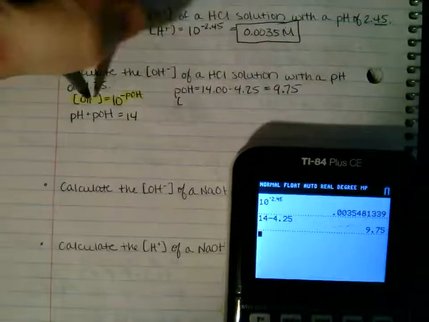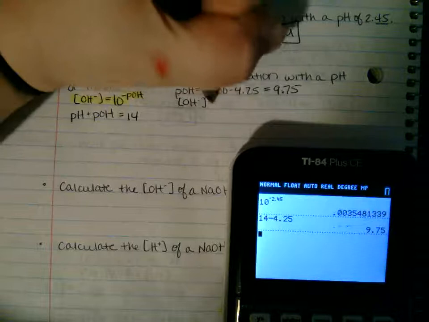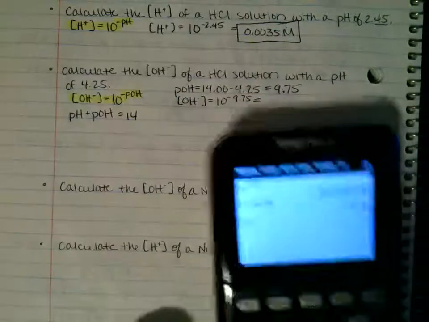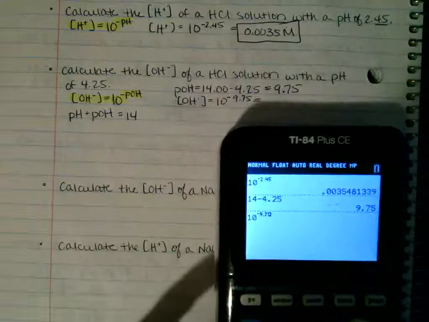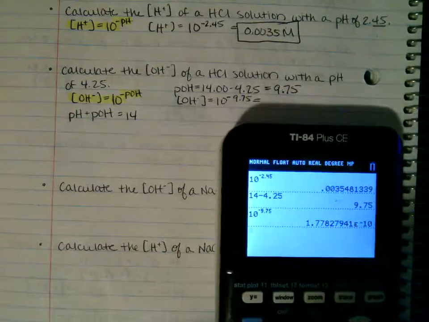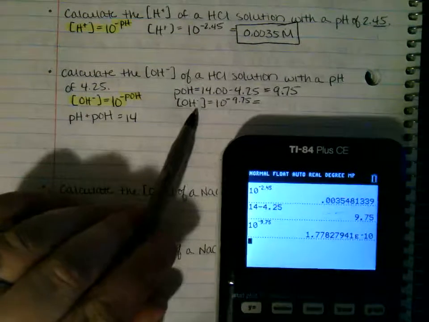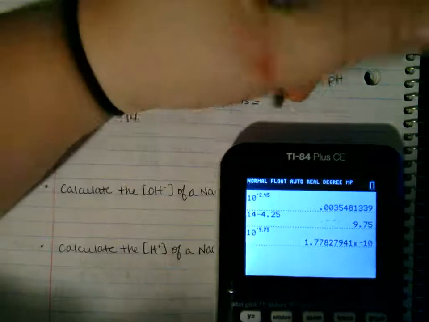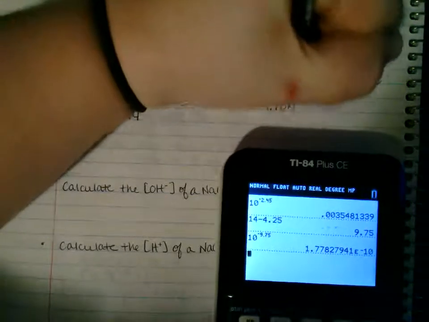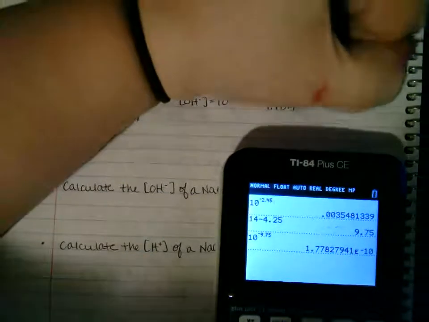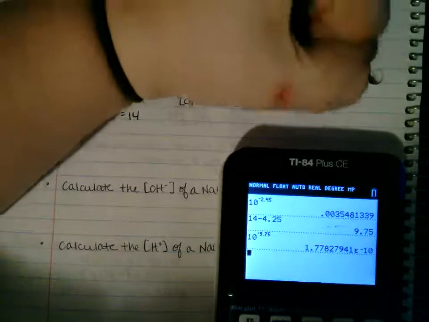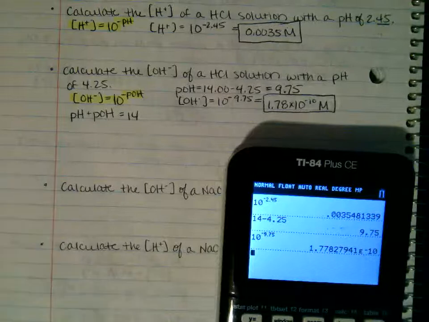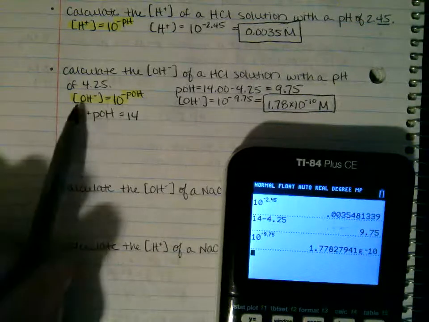Okay, and then from there you could use this formula, and you would get 1.78 times 10 to the negative 10th molar. Okay, so that's more of a straightforward way to do it. Okay, but or you could do it a different way.